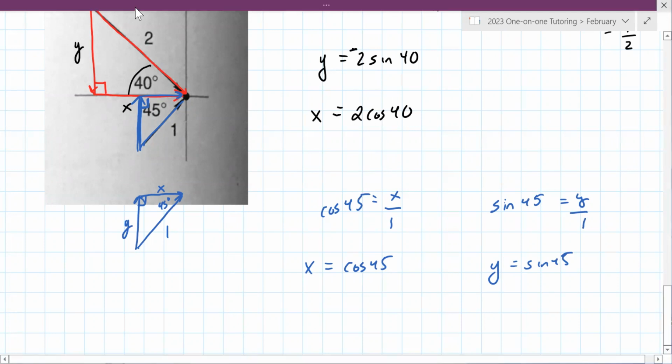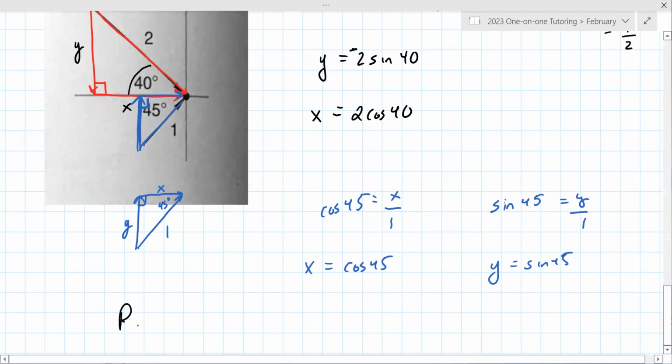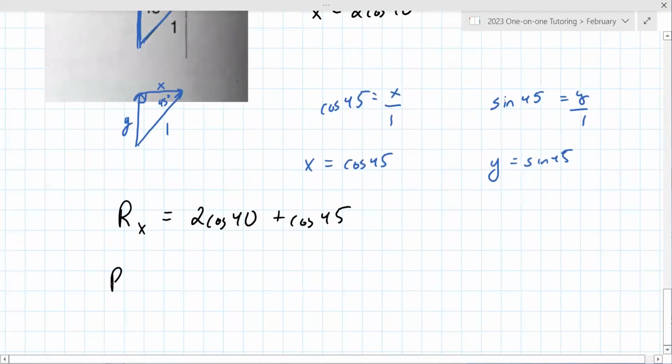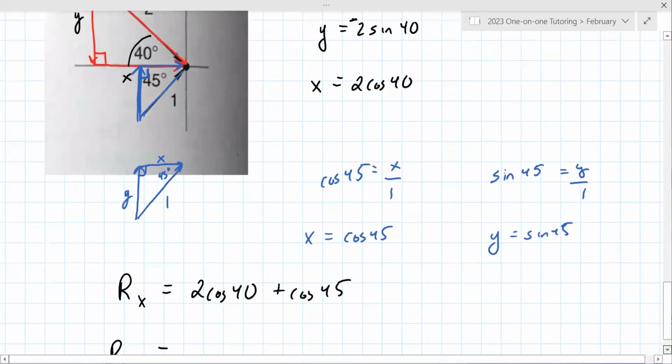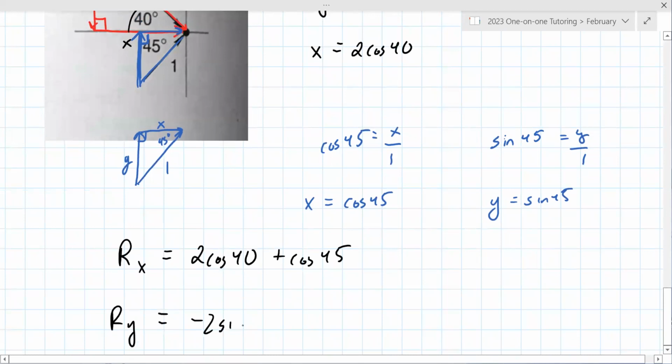So in a physics class, they would say, okay, the resultant in the X direction is 2 cosine 40 plus cosine 45. The resultant in the Y direction is minus 2 sine 40 plus sine 45. Okay, so we're going to want to use the calculator to get some numbers here.